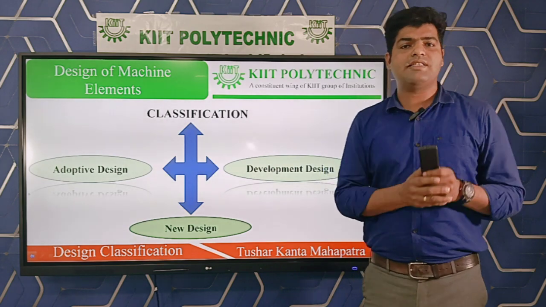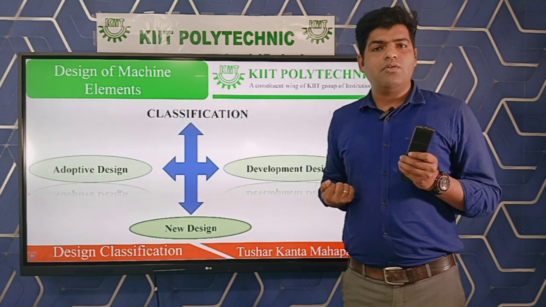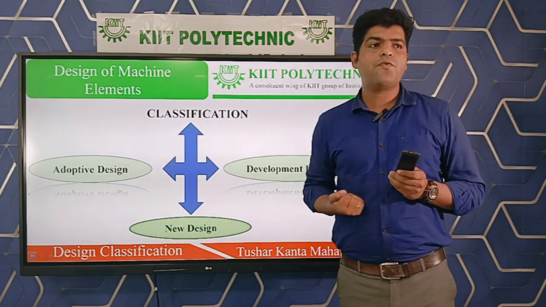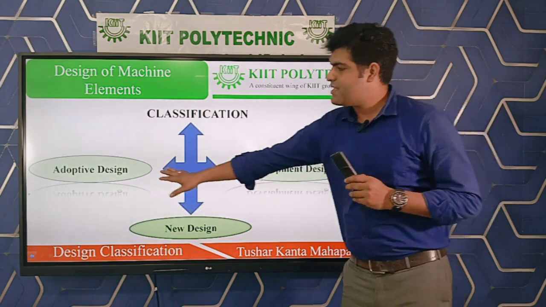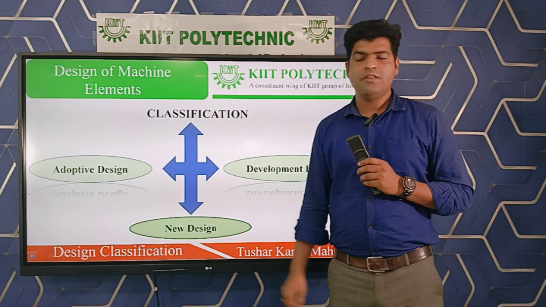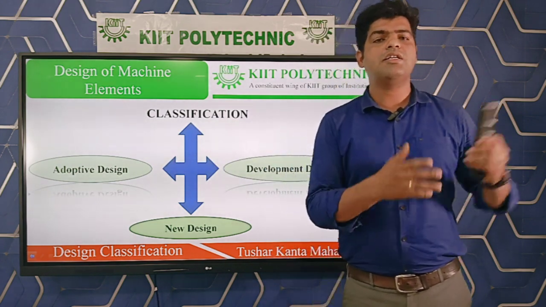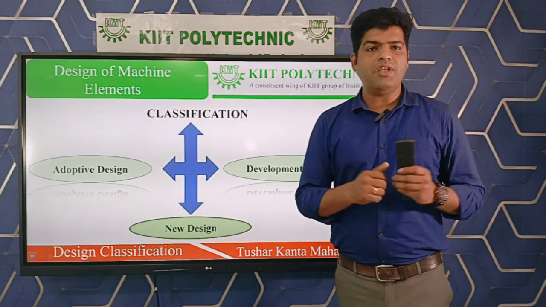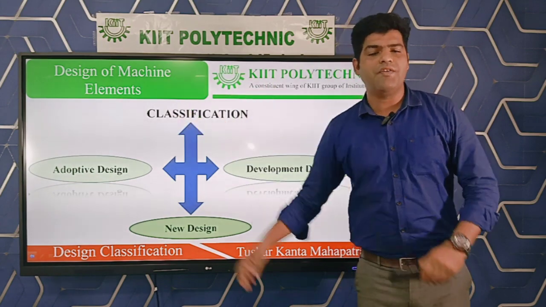We take some information from an existing design and design a product. That is called adaptive design. Normally bicycle, motorcycle, TV and fridge are examples of adaptive design.